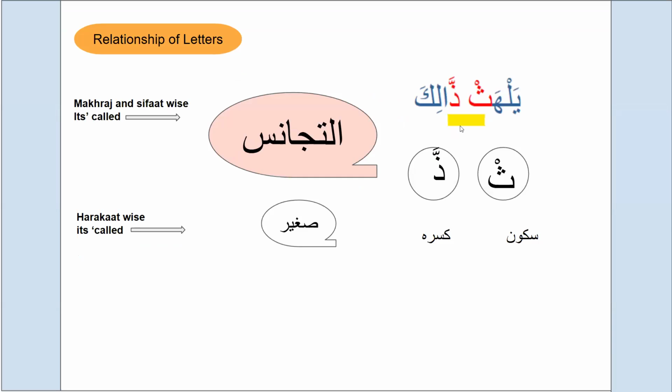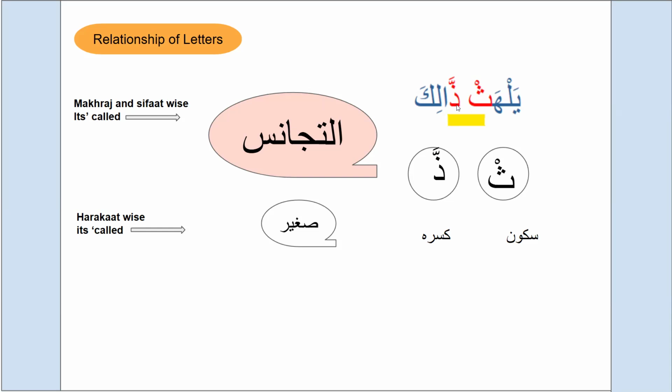We have another example. We have the first letter, tha, which is sakin. The second one is mutaharrik. So when we look at the harakas, it's called saghir relationship. The two letters come from the same makhraj, which is the tip of the tongue touching the edges of your upper front incisors, upper front two teeth.